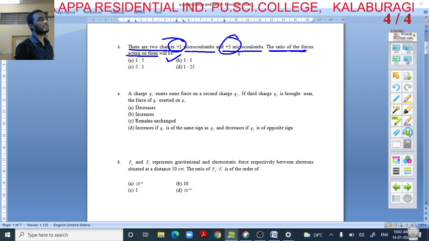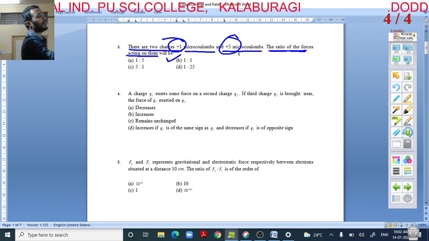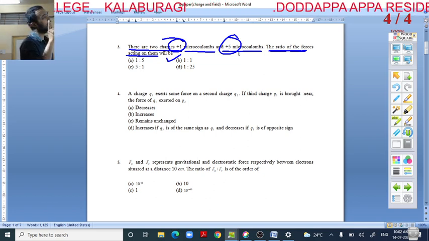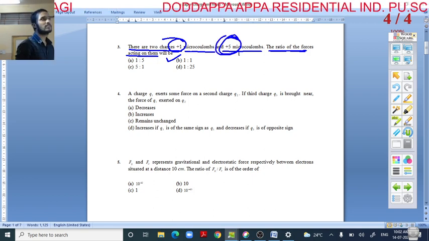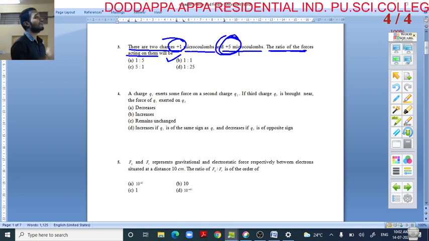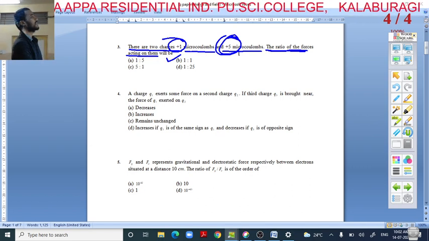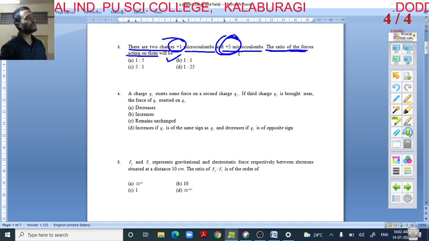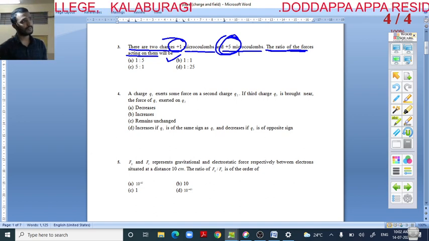The force acting on each of them becomes 1:1 only. So overall the ratio of forces acting on them will be 1:1. Right? Okay. Next.